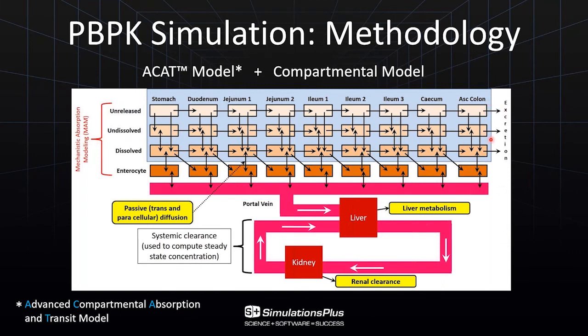The simulation setup requires input parameters like compound permeability, solubility, intrinsic clearance, etc. These can be experimental values if you have them, or they can be predictions from ADMET Predictor or elsewhere.